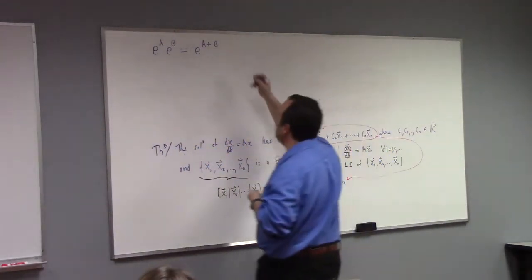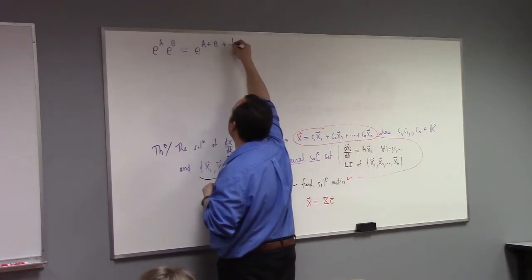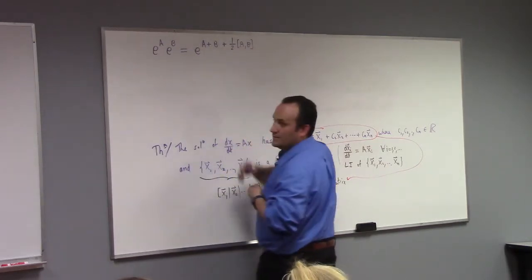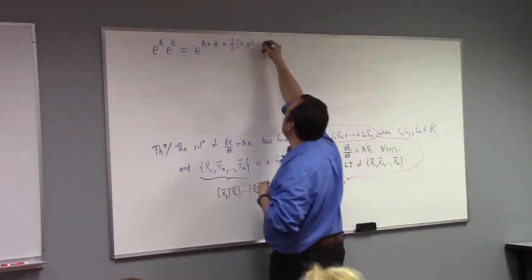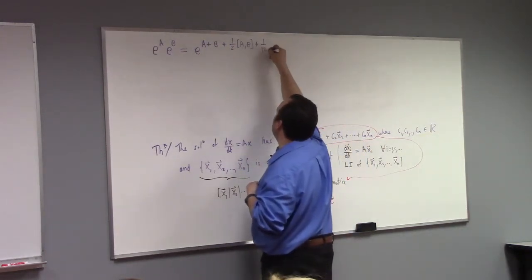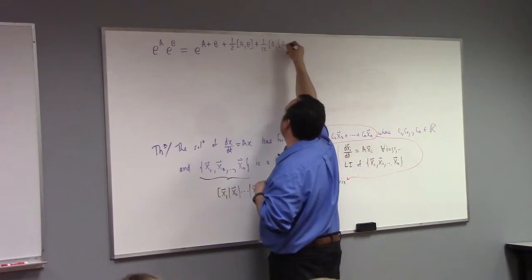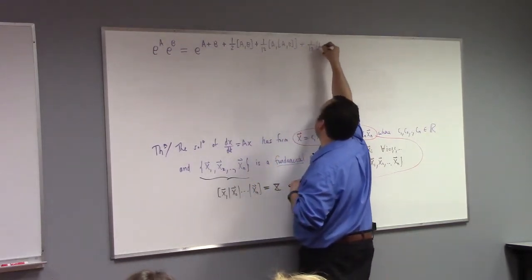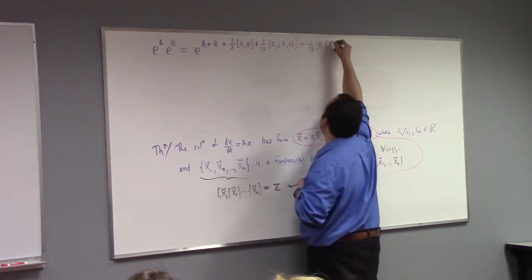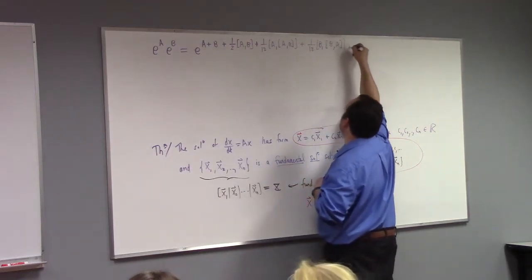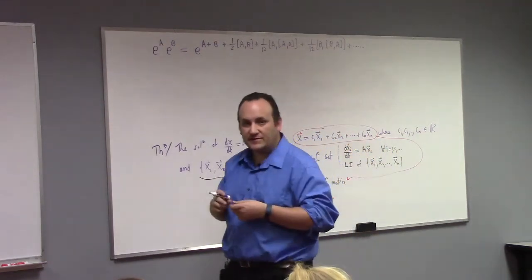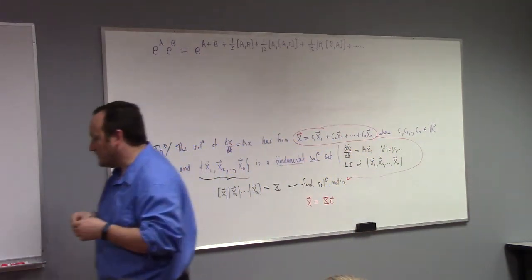It's A plus B plus 1/2 AB, plus 1/12 of A with AB plus 1/12 of B with BA, plus an unending series of nested commutators.